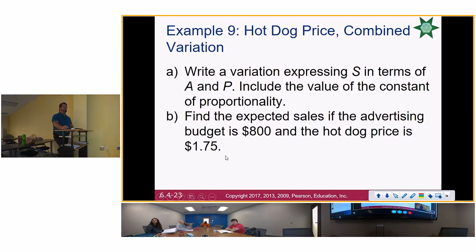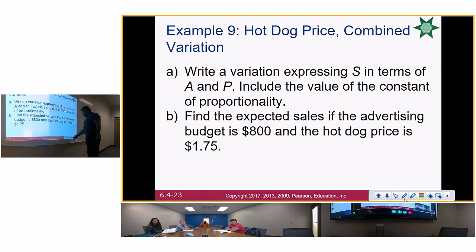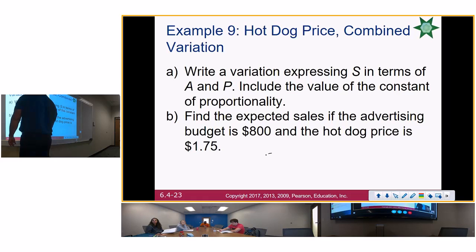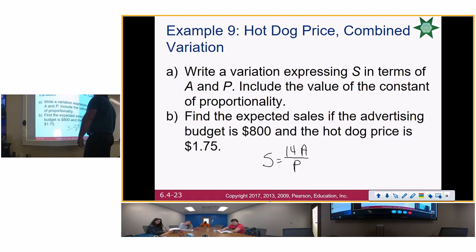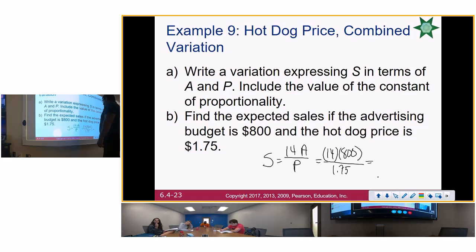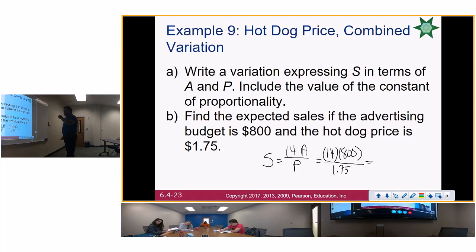So take your handy dandy equation, and we said it was what? What was our number for K? So 14. Okay, so S is equal to 14 times A over P. And they said that A is 800, so that's 14 times 800 divided by $1.75, and that's going to be 14 times 8, then 3, then 11,200.